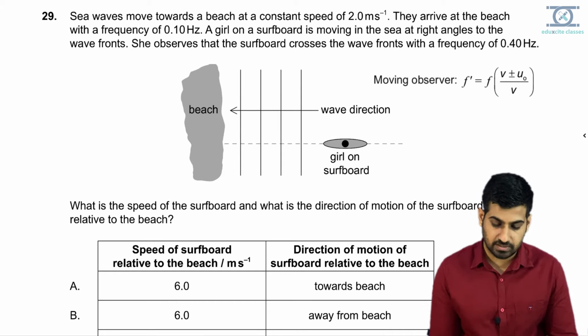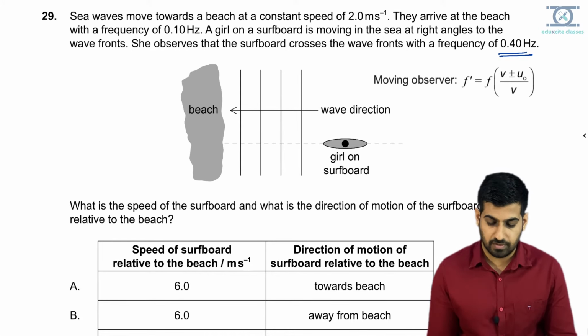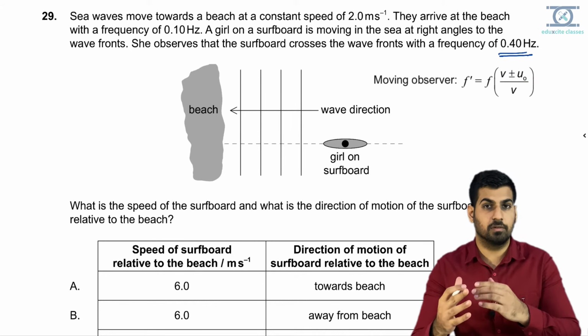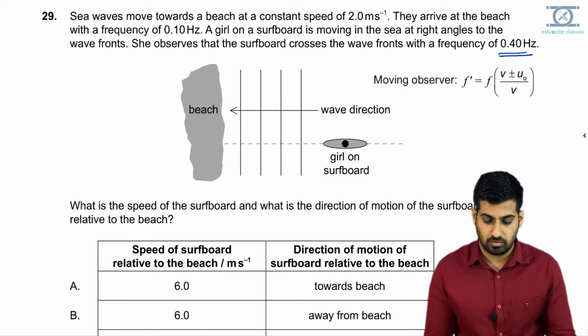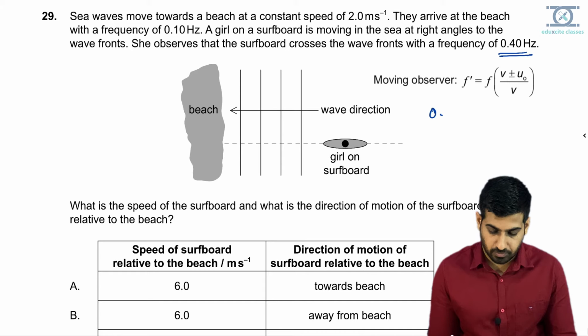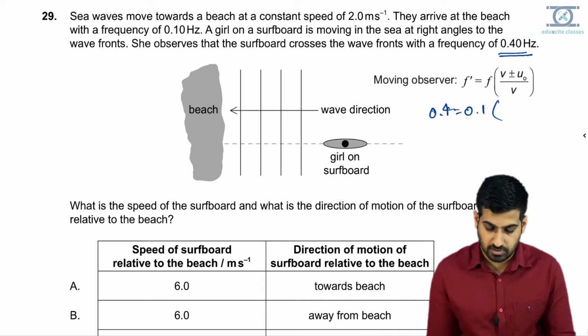Now we can see here the observed frequency, f dash, is greater than f. So we will use the positive sign in the numerator, because only then will the observed frequency be greater than the original frequency. Using this formula, 0.4 equals 0.1 times (2 plus u naught) by 2.